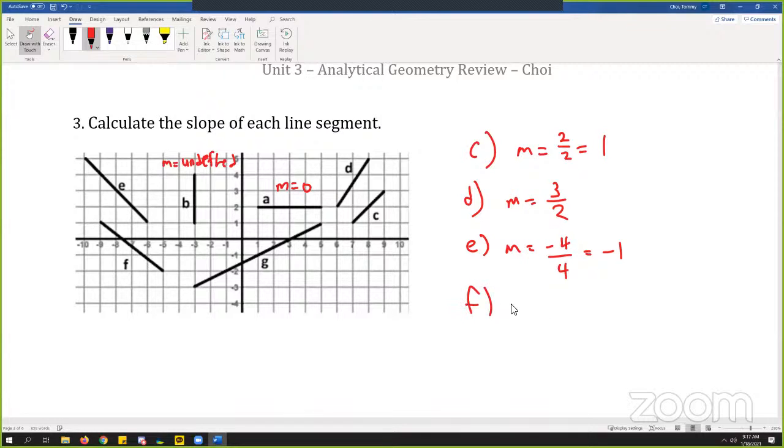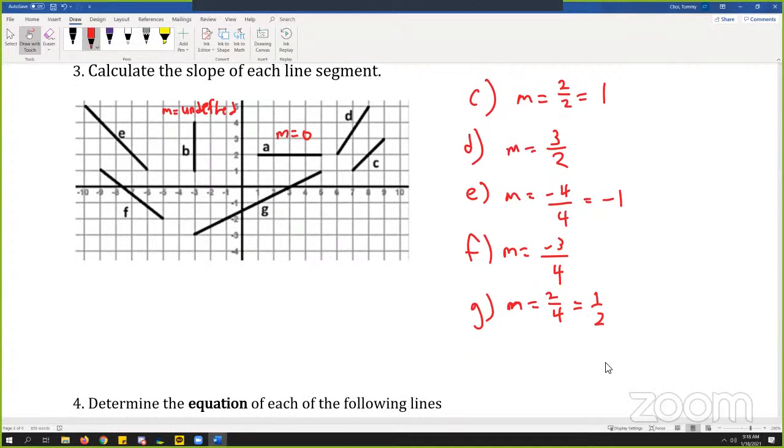For F, you should have gotten negative 3 over 4. And the last one, G, you should have gotten slope is 2 over 4, which is equal to 1 over 2. Some of you may even have written 4 over 8, which is fine. As long as you simplify it all the way down to 1 over 2, that's what matters.